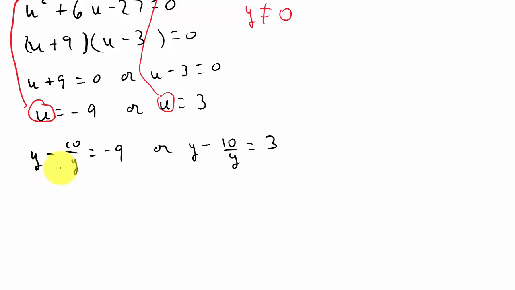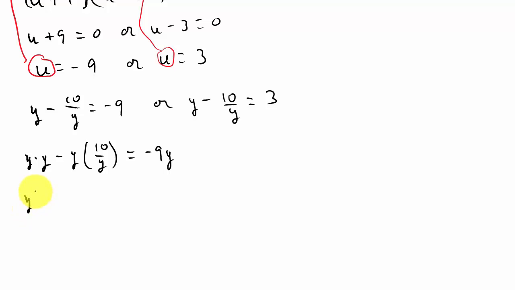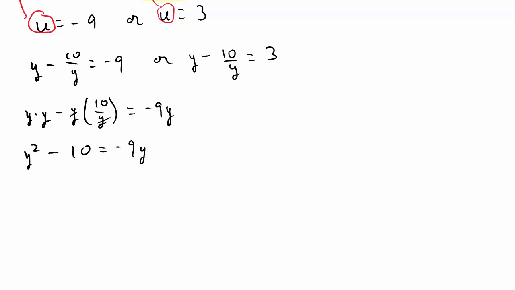Alright, so let's go ahead and solve this. I'm going to multiply each term times y. Equals negative 9 times y. So that's going to give me y squared minus, and here the y's cancel, minus 10 equals negative 9y. And so now I need to add 9y to both sides.